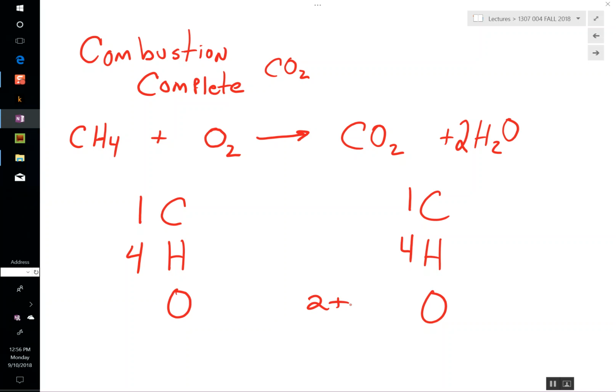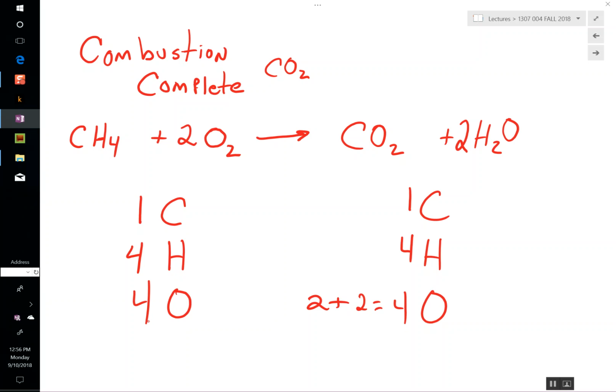That coefficient doesn't just apply to the hydrogens. It applies to the whole molecule. So 2 times 1 is 2. I got 4 oxygens. What do I need to do here? 2. Put a 2. Is it balanced now? Yes. Okay? That's the way to do it. That is one way of doing it.